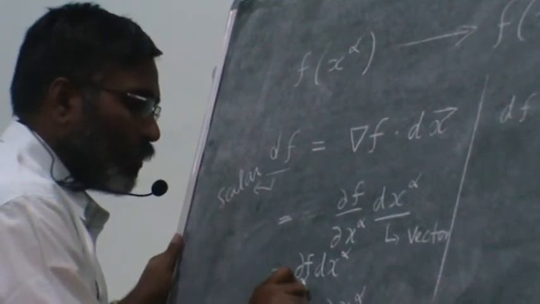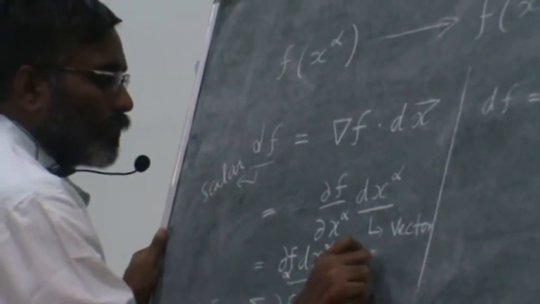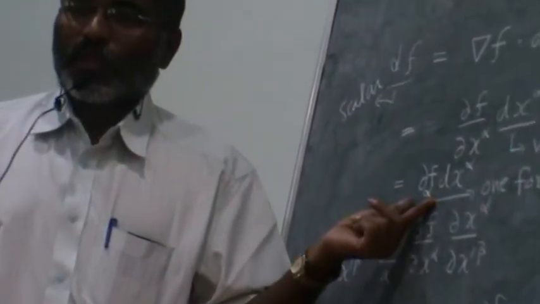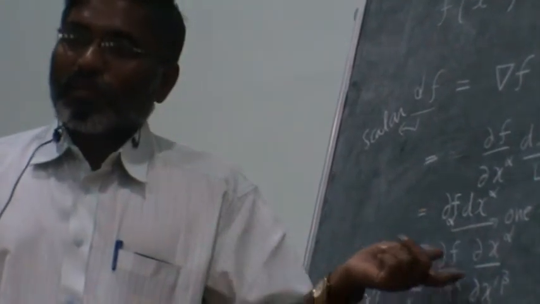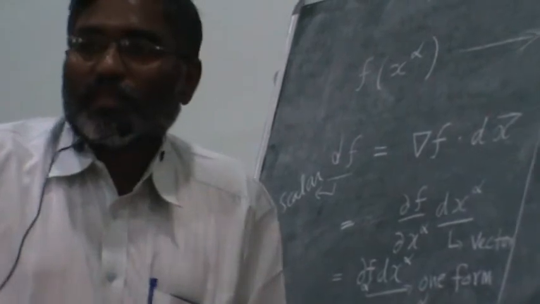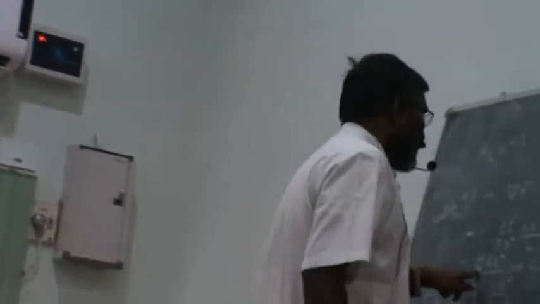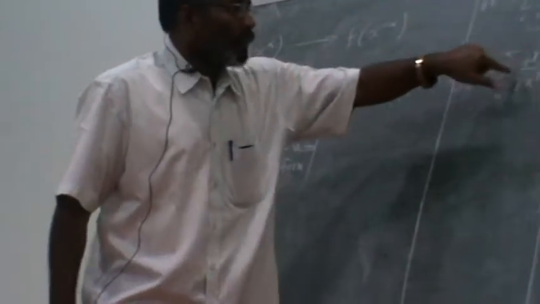So this has to be a one form. You understand? The derivative has to be a one form. And hence, the transformation of the derivative, since derivative has to be a one form, its components should be covariant components. Okay? And since it's a covariant component, it will have a different transformation compared to this.